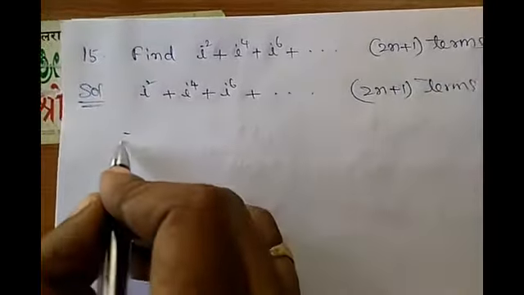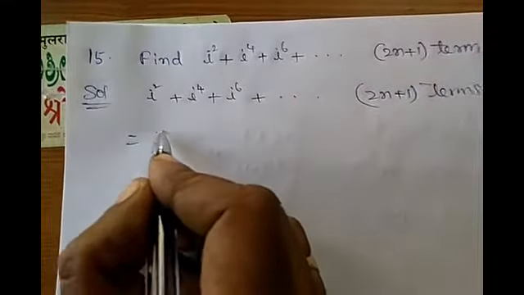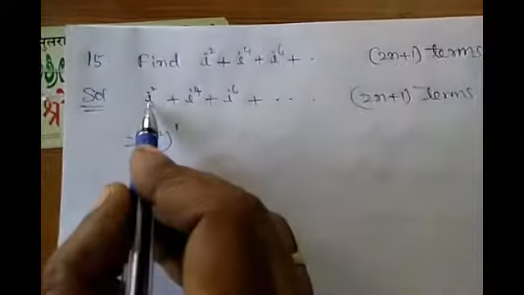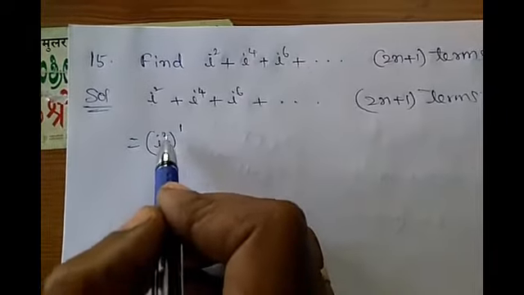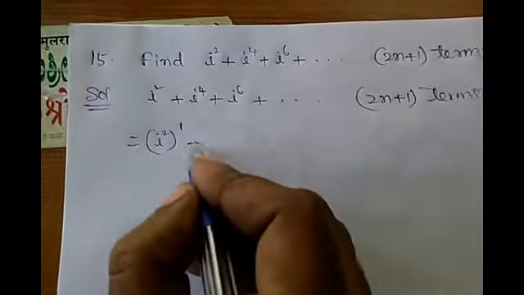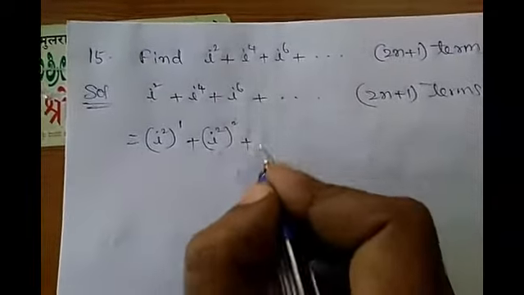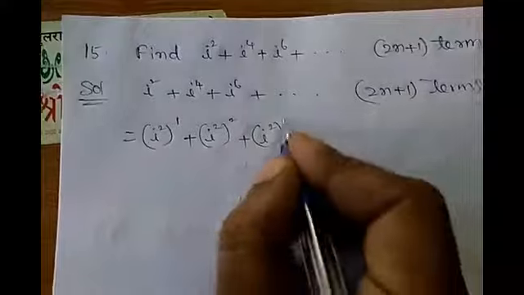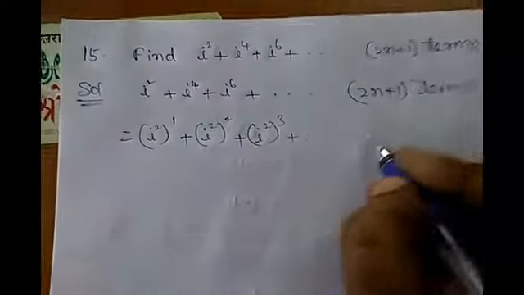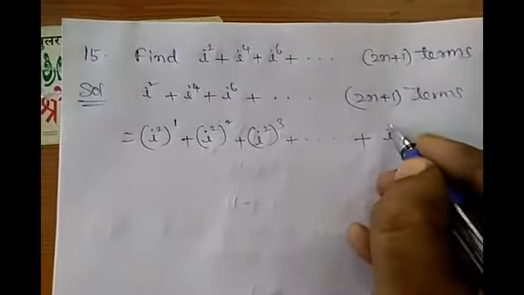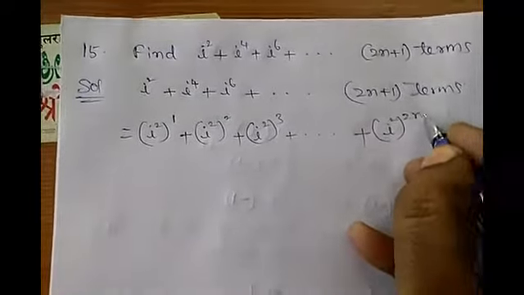You can write this expression as i square whole power 1 plus i square whole square plus i square whole cube plus so on. The 2n plus 1th term can be written as i square whole power 2n plus 1.